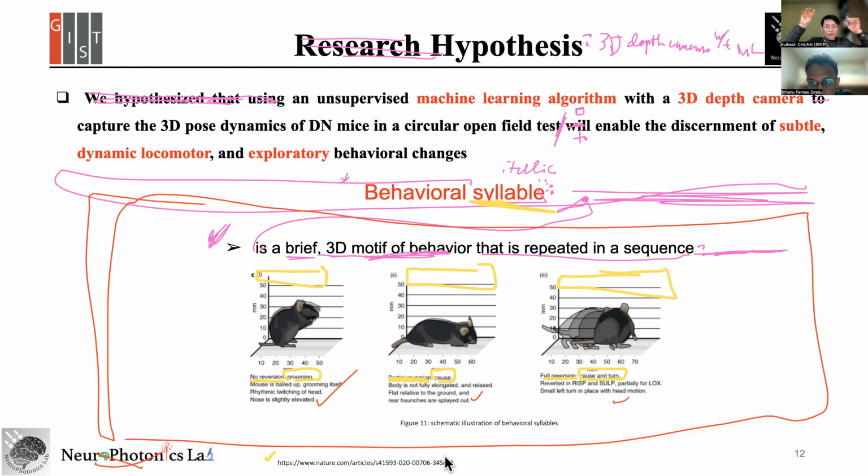And I'm sure this is actually already a kind of concept, but this syllable is not necessarily needed in your hypothesis. Your hypothesis is like this, and maybe some why this 3D depth camera would be good. Why unsupervised? Because the current record is supervised, so it's painful. Yeah. And it can depend on the inaccuracies of the people. But this is automatic.